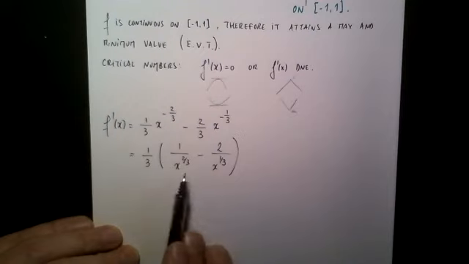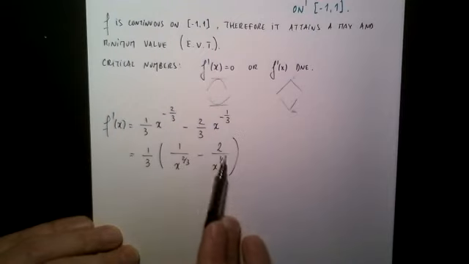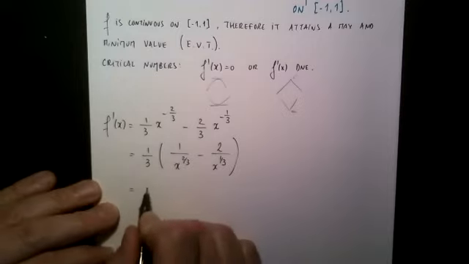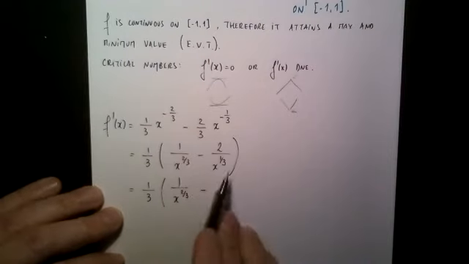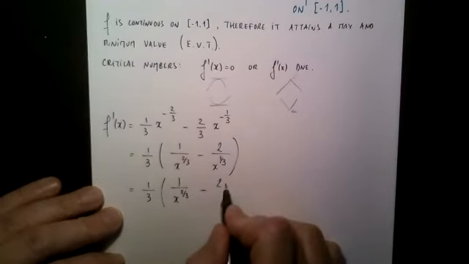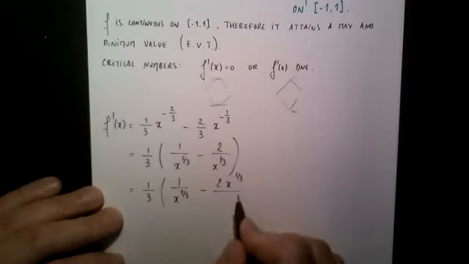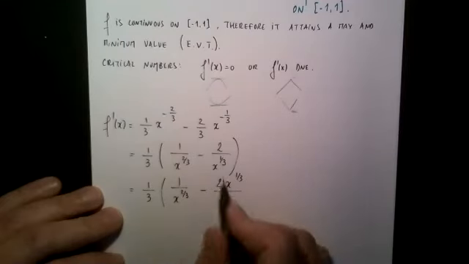Okay, so I'm subtracting two fractions, so I'm going to find the common denominator by multiplying top and bottom here by x to the 1/3. So 1 over x to the 2/3 minus, I multiply the top by x to the 1/3 and the bottom as well. X to the 1/3 times x to the 1/3 is x to the 2/3.